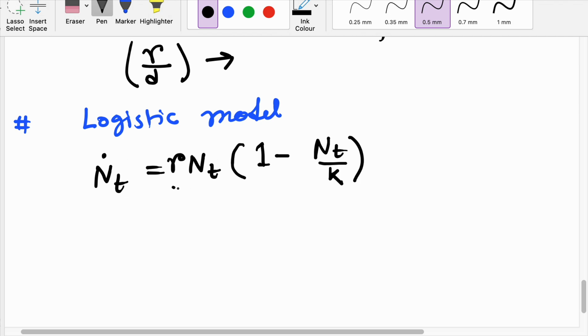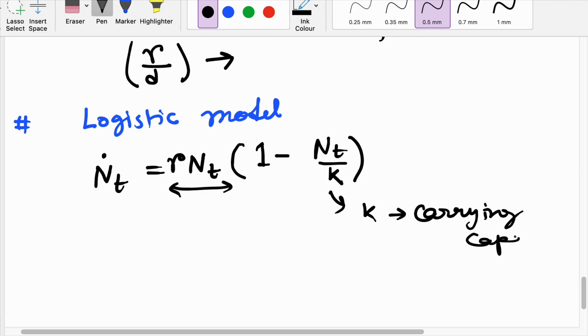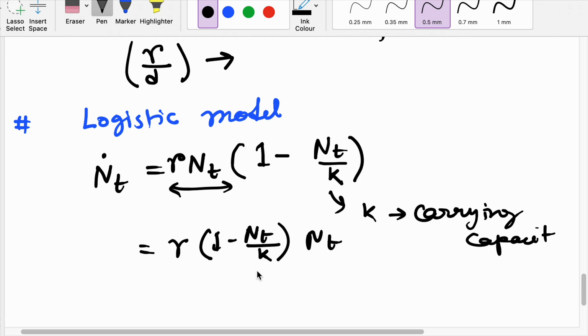Here the first part is linear growth and then the non-linear term comes, and this K is called the carrying capacity. The non-linear term is minus N(t) squared, or you may think of it this way: the birth rate is changed by N(t) over K.